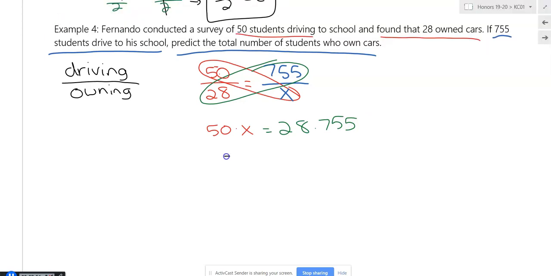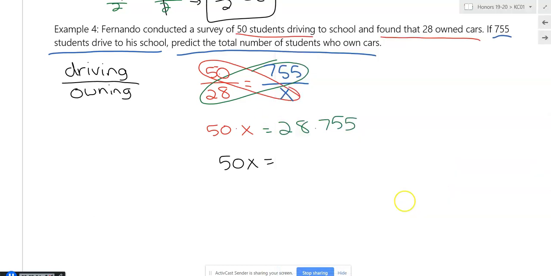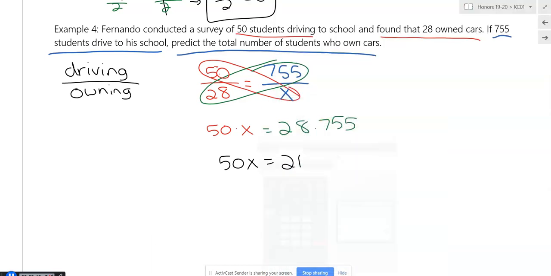When I multiply those out, I get 50x equals 28 times 755, which is 21,140.